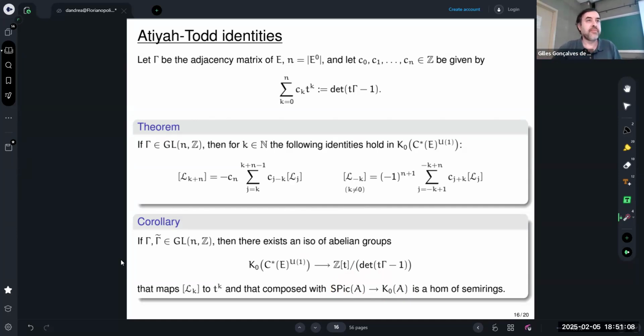Still, I think it would be nice to have: instead of K0 of A, I would take these isomorphism classes before taking the Grothendieck group. It should be automatic, but I should think about it. It is possible that you get a map between Grothendieck rings, and the Grothendieck ring you could call the K-theory ring if you want.